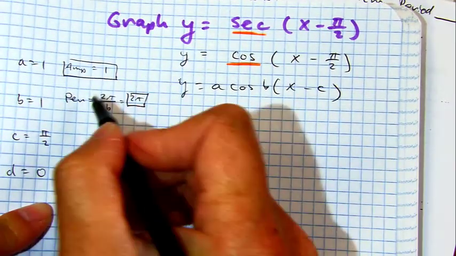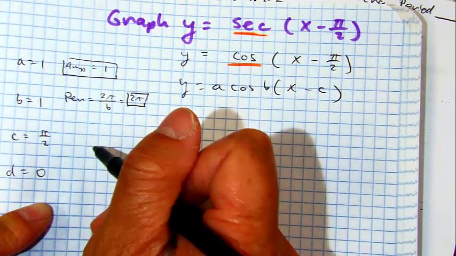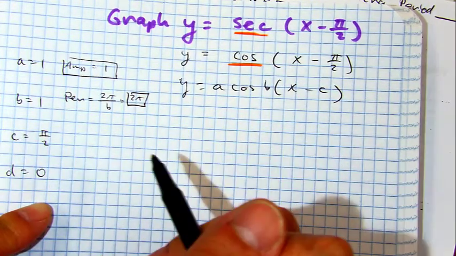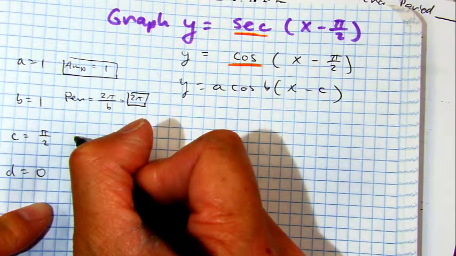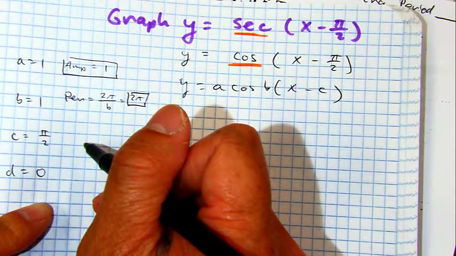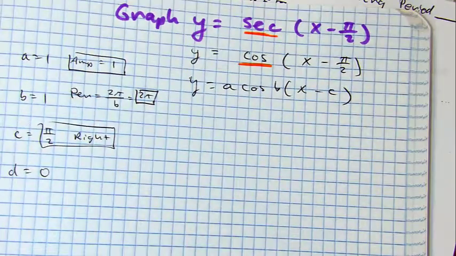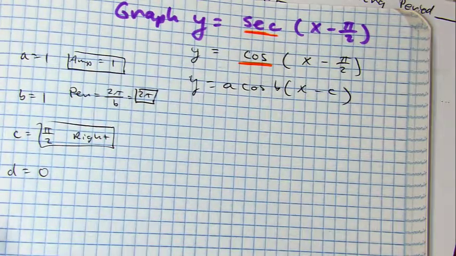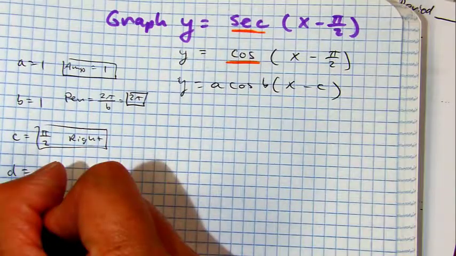C value. Which direction? Horizontal. Yes, left or right? Right. Pi over 2. Now, because you have a phase shift, you can put it between 0 and 2 pi.